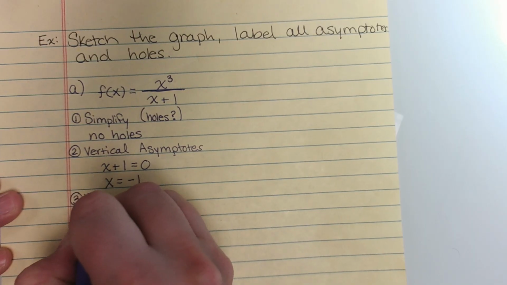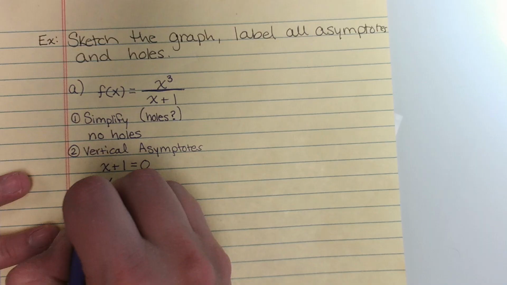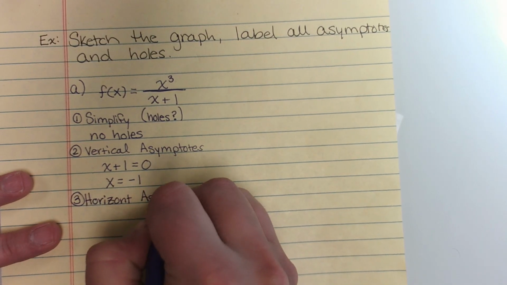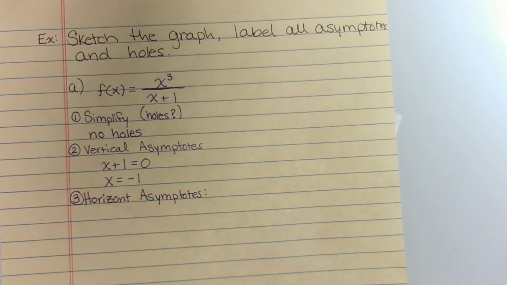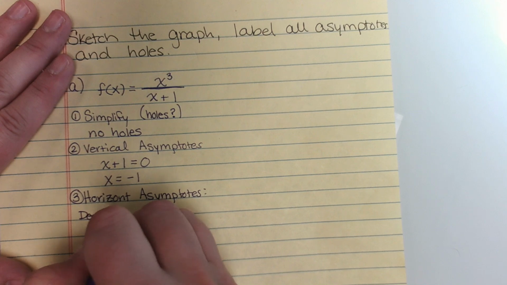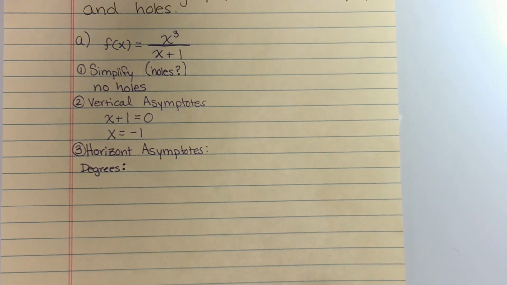Next thing I look for, after I've done all of my vertical asymptotes, remember there can be multiple, is any horizontal asymptotes. So I'll look at my degrees. What is the degree of my numerator? 3.